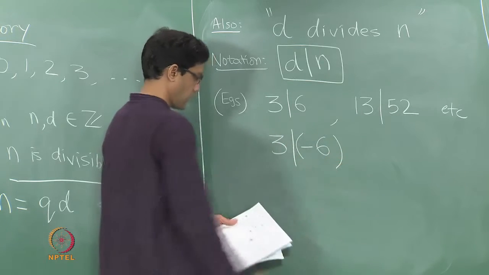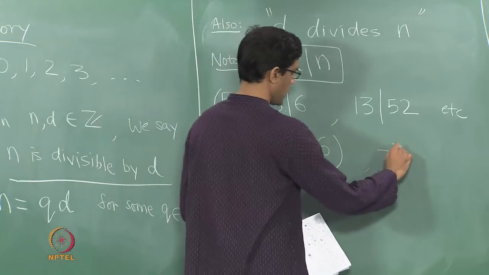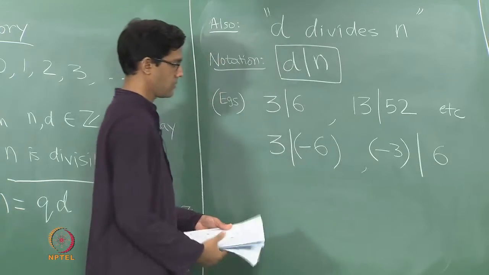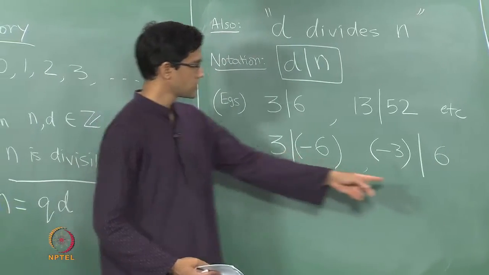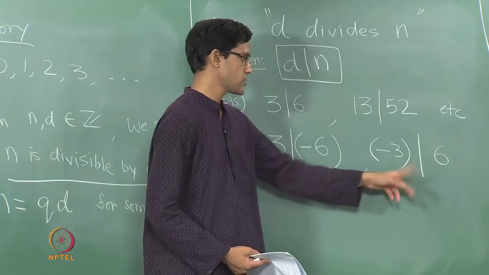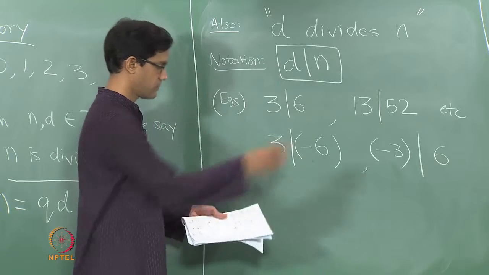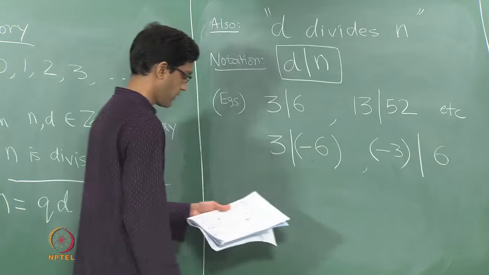For instance, we would say that 3 divides minus 6. Similarly, minus 3 also divides 6, because minus 6 can be written as 3 times minus 2, and similarly 6 can be written as minus 3 times minus 2. These also fit the definition of divisibility.